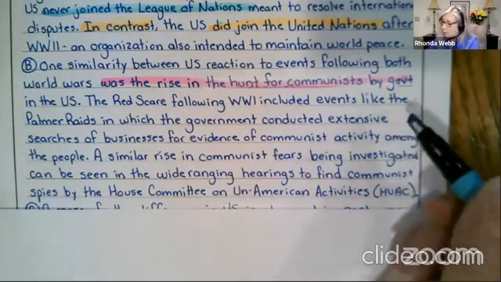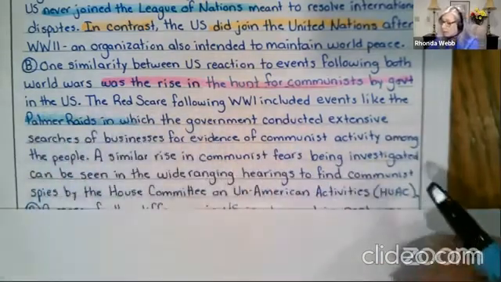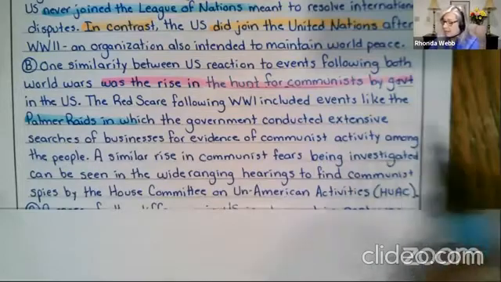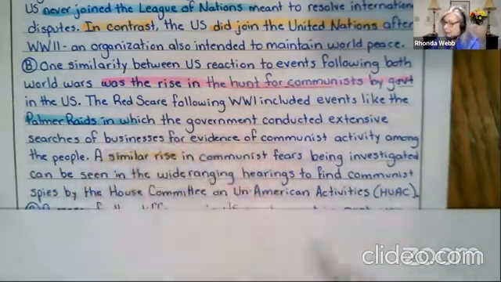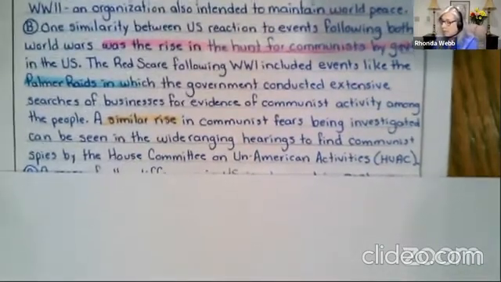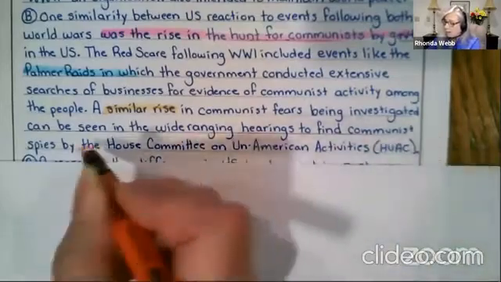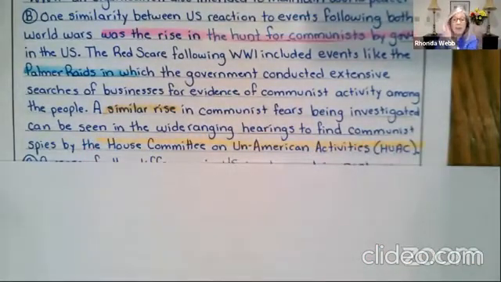The Red Scare following World War I included events like the Palmer raids, in which the government conducted extensive searches for businesses for evidence of communist activity among the people. A similar rise in communist fears being investigated can be seen in the wide-ranging hearings to find communist spies by the House Committee on Un-American Activities, or you might have used one of the spy cases. Now, again, you may have totally different evidence, and that is okay.